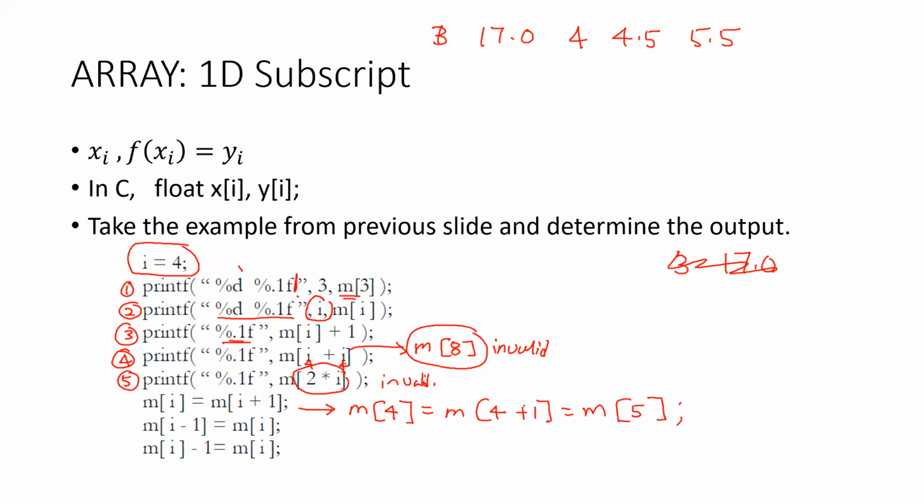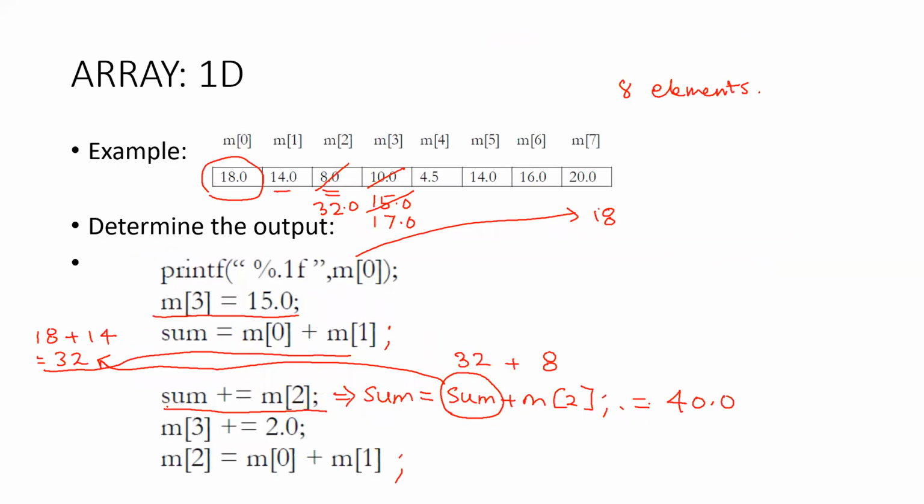So dia reassign, dia bukan equal. So maksudnya dia bukan true or false. So dia akan reassign M4. So this is reassign M4 to M5. So kalau dalam case ni, M4 apa dia? 14.0. Okay.